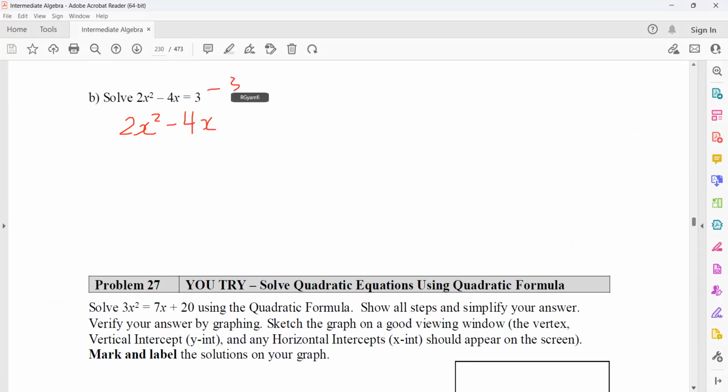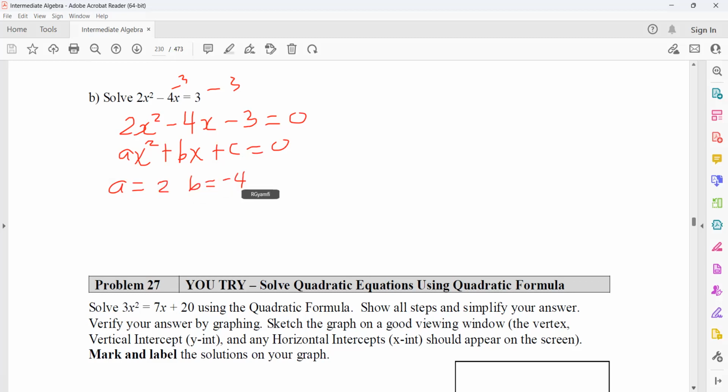Now if you do a minus 3 on both sides, you're going to have minus 3 equals 0. So again, ax squared plus bx plus c equals 0. So a is 2, b is negative 4, c is negative 3.